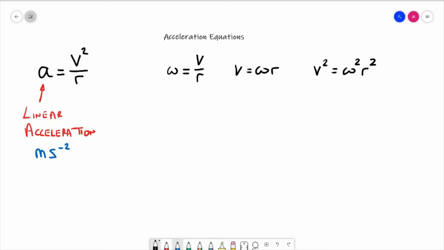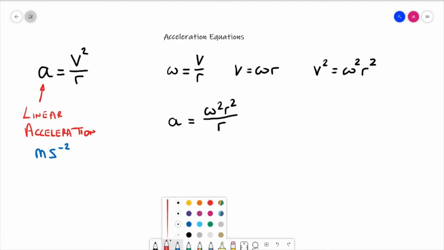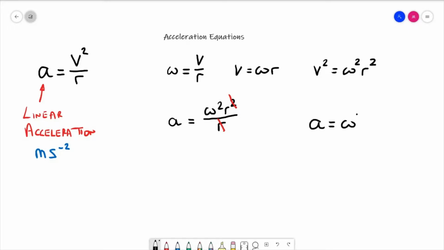What we can now do is substitute that v squared into our original equation for acceleration, and we get this. a is equal to omega squared r squared, there's our substitution, divided by r, which of course we haven't done anything with from the original equation. We can now see that we have r's on the top and the bottom, so one of our r's on the top is going to cancel with our r on the bottom, and what we're left with is a is equal to omega squared r.